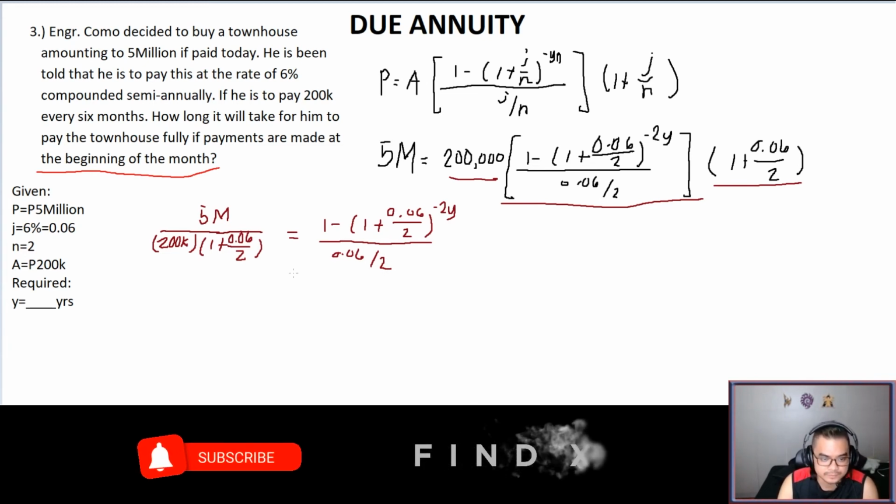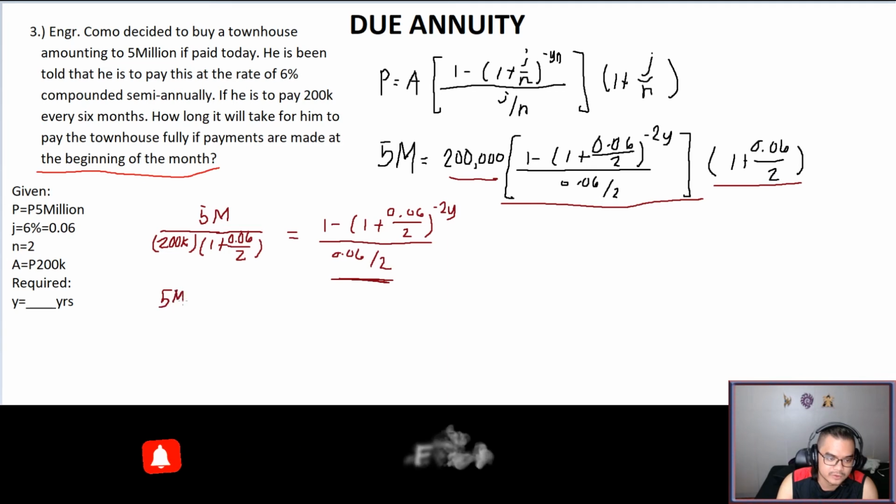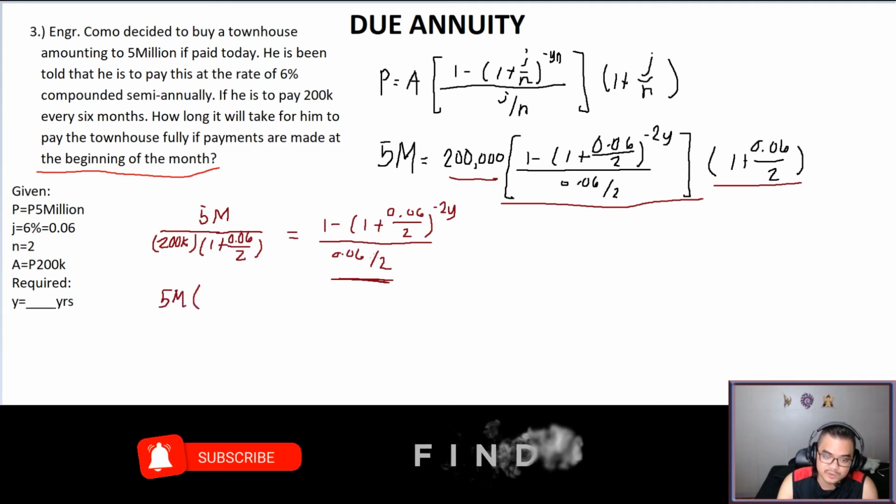And then we can cross multiply this one to here. So that will become now 5 million times 0.06 over 2, that is just 0.03, right?